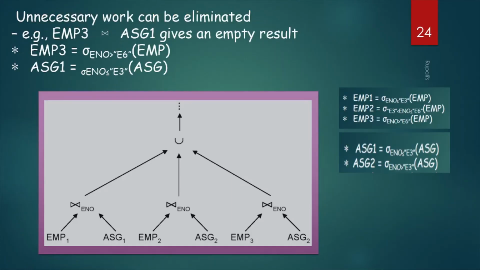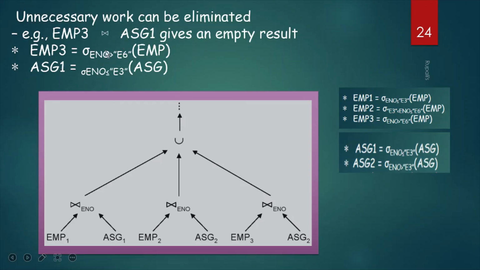But we have to remember unnecessary work can be eliminated. Means, if we join the EMP3 table with the ASG1 table, then here we select those employees whose employee number is greater than E6, and for the ASG1 table, we select those employees whose employee number is less than equals to E3.